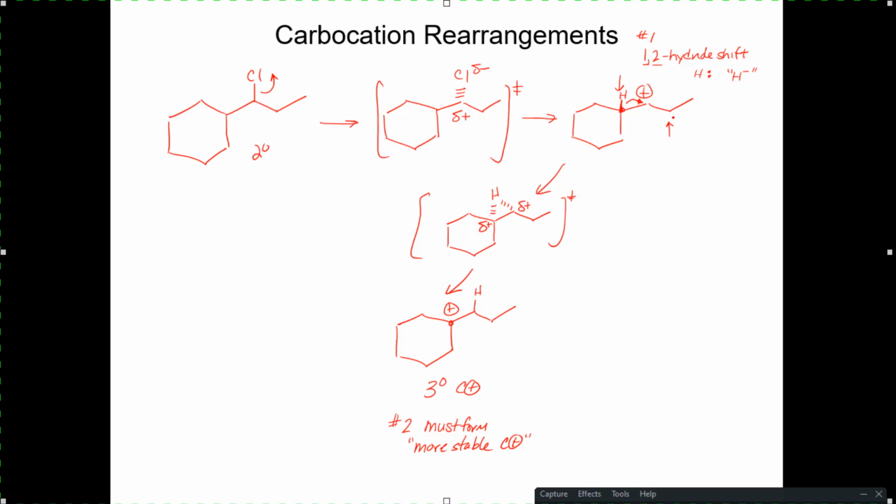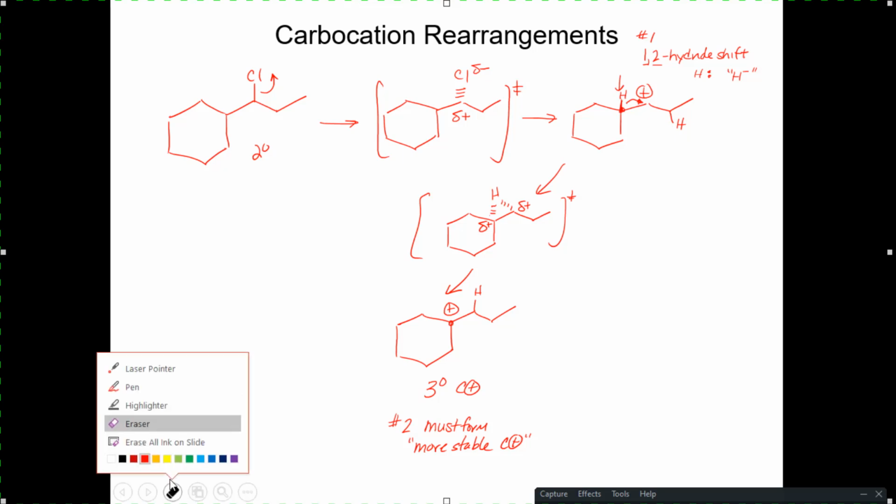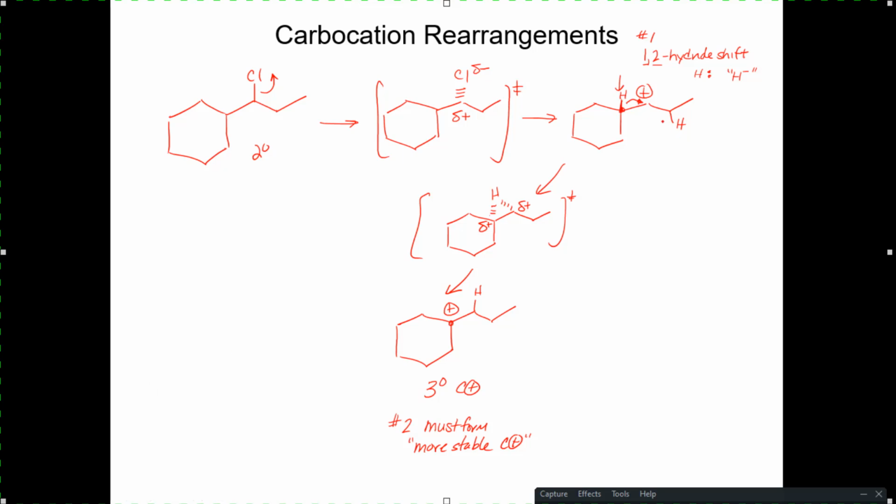So for instance, if we said, well, okay, let's do the same thing over here. Let's take this hydrogen and do a 1,2 hydride shift here. What would happen is this pair of electrons would move and the hydrogen would shift over here. The transition state then would have the hydrogen partially bonded to this carbon and partially bonded to that carbon, with the delta positive charge moving from this carbon to this carbon.